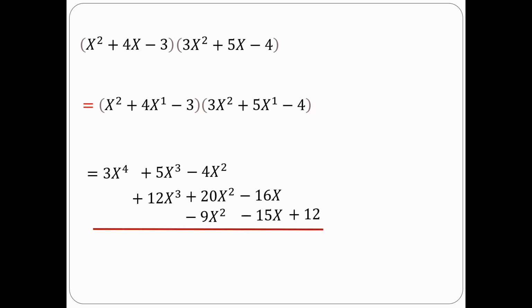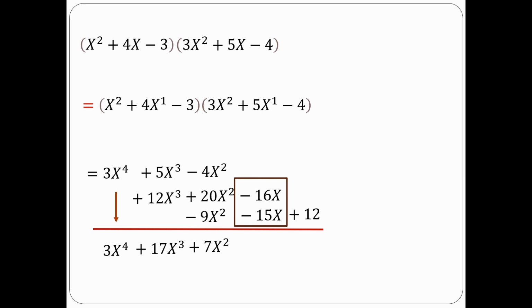Now we are ready to add the like terms. Now we can bring down 3x to the fourth. Next is to add positive 5x cubed and 12x cubed, and that will give us positive 17x cubed. Next we add negative 4x squared, positive 20x squared, and negative 9x squared, and that will give us 7x squared.